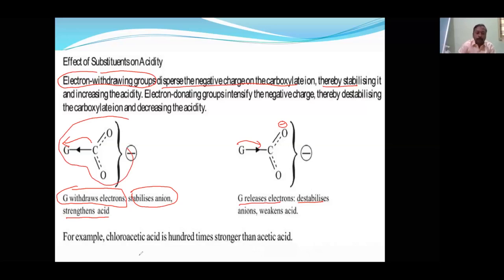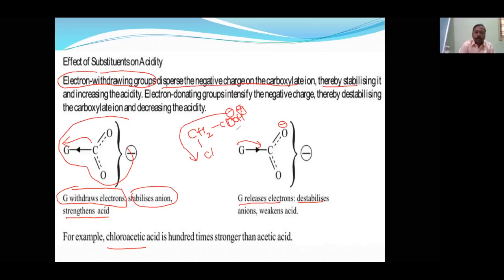Okay. For example, chloroacetic acid. CH3COOH is the acetic acid. And in this acetic acid, if one hydrogen is replaced with chlorine, what it will do, it will pull this electron towards it. Then there will be negative charge, there will be positive charge.